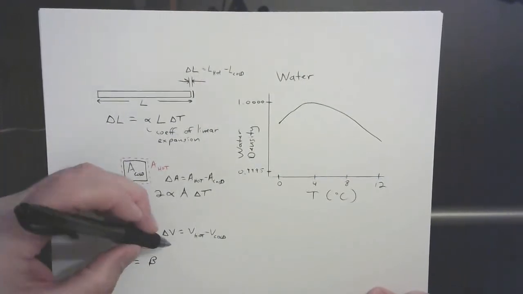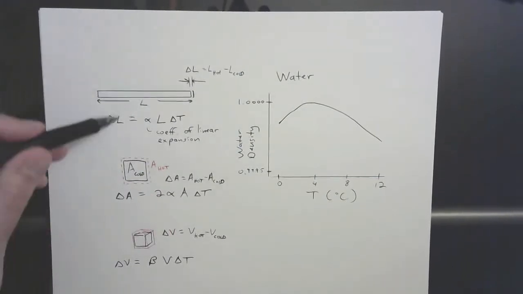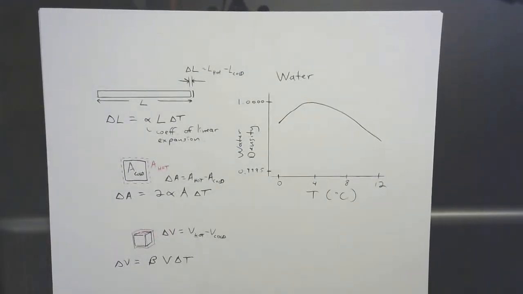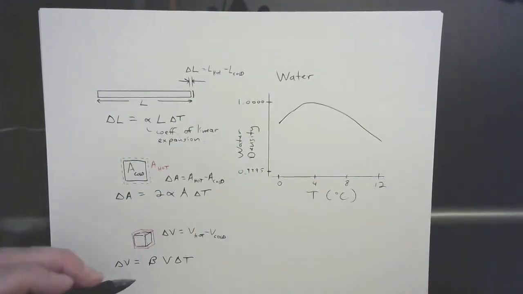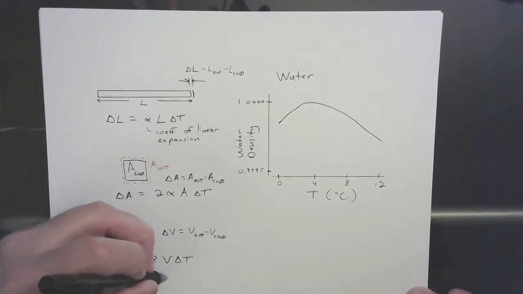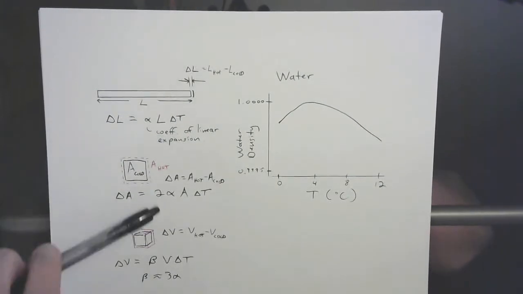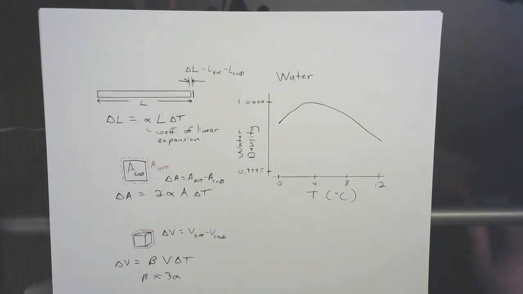So alpha turns into beta times the volume times delta T. Notice in form, these are exactly the same equations. They're totally easy linear equations. Beta here is usually about 3 alpha. So there's a pattern, 1 alpha, 2 alpha, 3 alpha, and that's kind of clever.